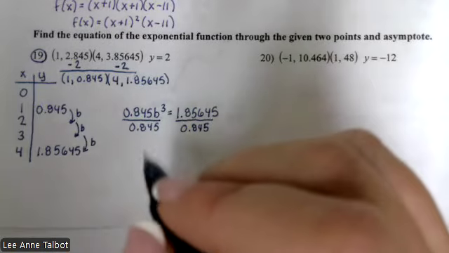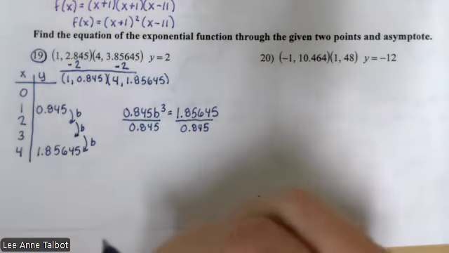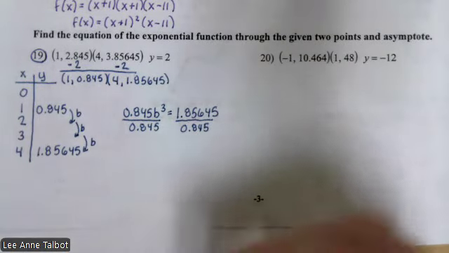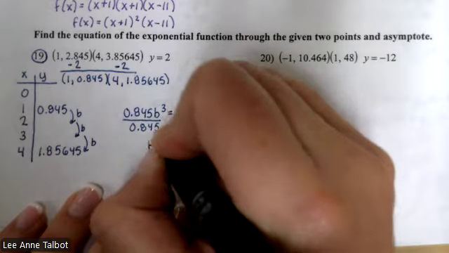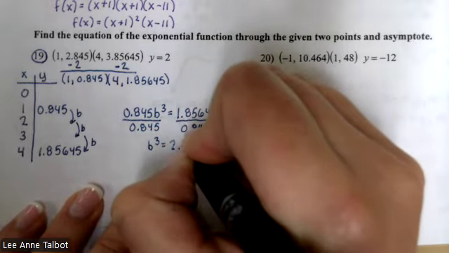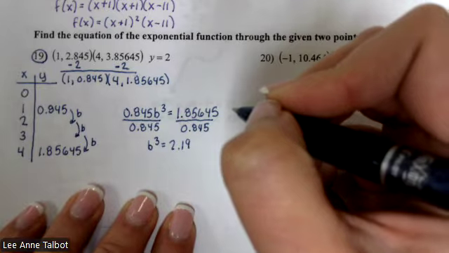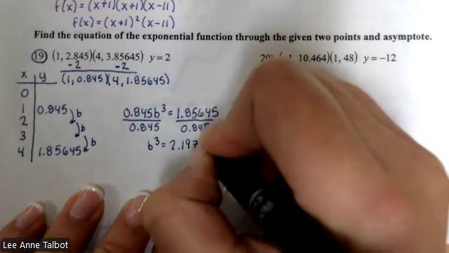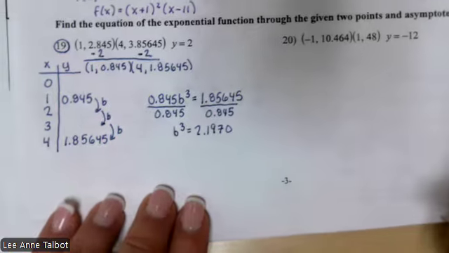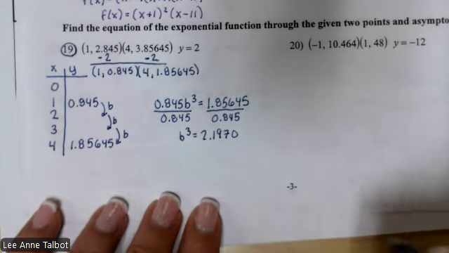You guys get 2.197 something? Yeah, okay.